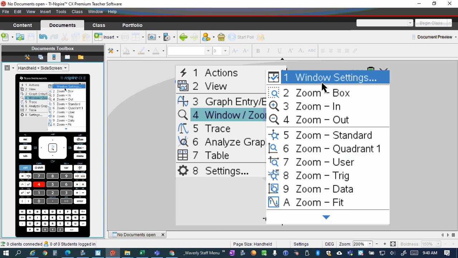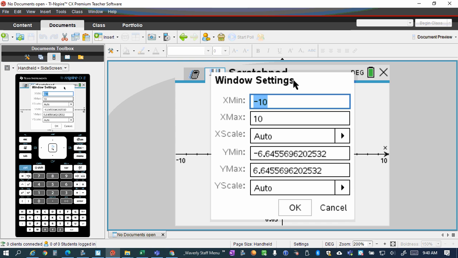We're going to hit window so I can type in what I want, right? So window settings. X min 0. X max, what did I say? 20,000. Let's go to the Y. So between 0 and 75, right? We got that.